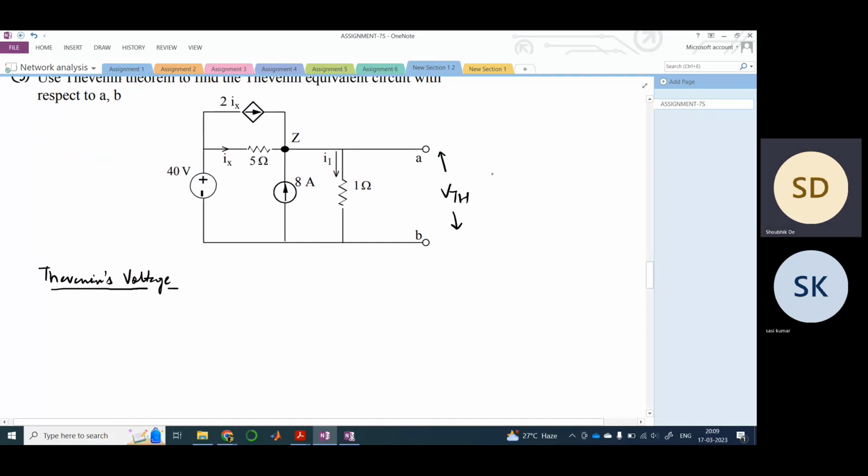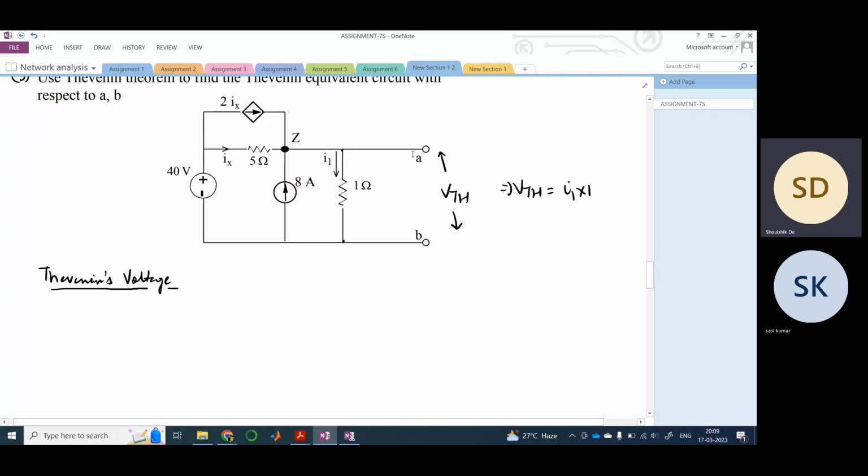So VTH would be what? This would be I1 into 1, right? Because you can clearly see that we need to find out the voltage drop across the 1 ohm resistor, because AB is connected across the 1 ohm resistor only, right? Simple.